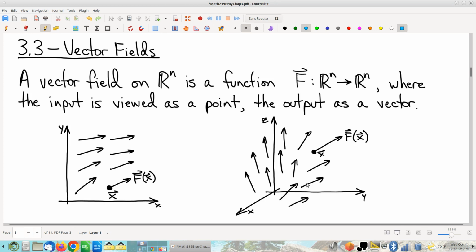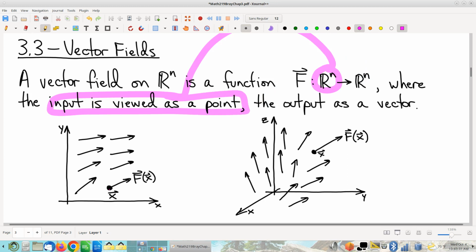And one of the main objects of vector calculus is a vector field. So here we go. A vector field is just a function. It's a certain kind of function. In particular, the number of inputs and the number of outputs have to be the same. And when we say we're going to view this function as being a vector field, the implication is usually that we're going to view the input as being a point in Rn, in this case R2, and in this case over here R3.